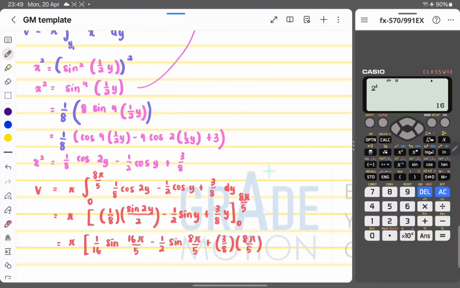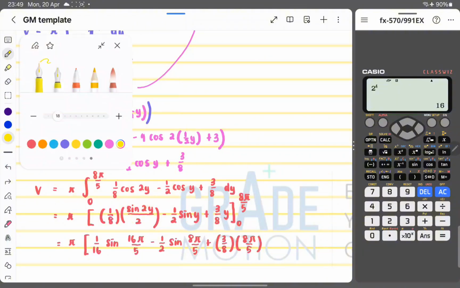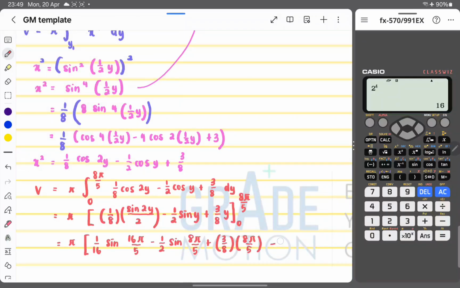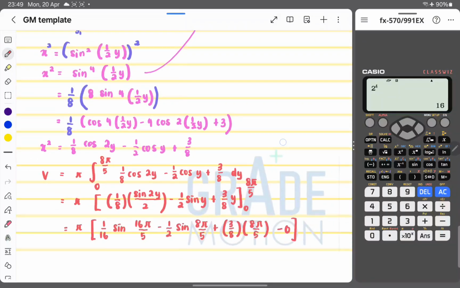Now we will substitute 0. Notice that sine 0 is 0. So when we substitute, this one would be 0, this one would be 0, and this one will also be 0. So I just have to write minus 0.